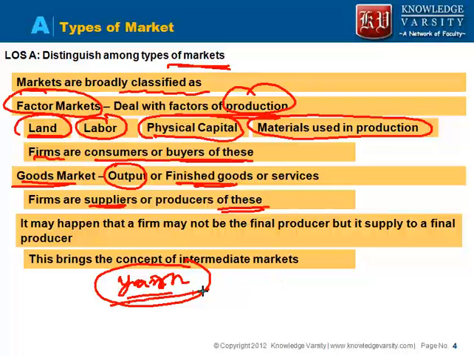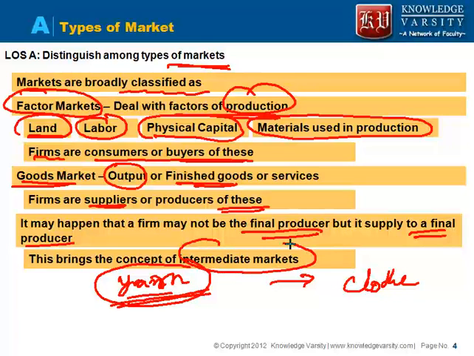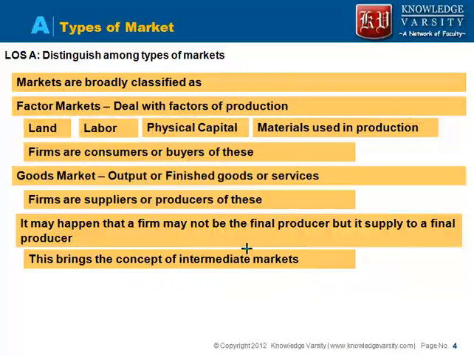The yarn is consumed by the textile company to convert it to cloth, right? But the yarn manufacturer will produce this yarn. So the firm may not be the final producer, it supplies to the final producer. So we have the concept of the intermediate market, which is when the firm is not producing the final good.